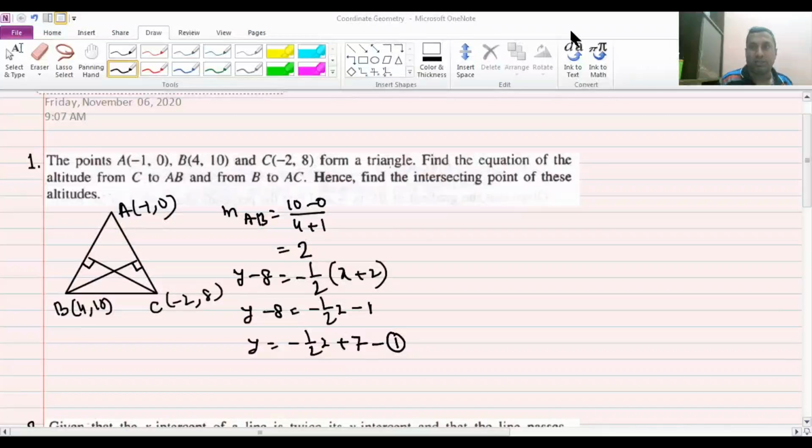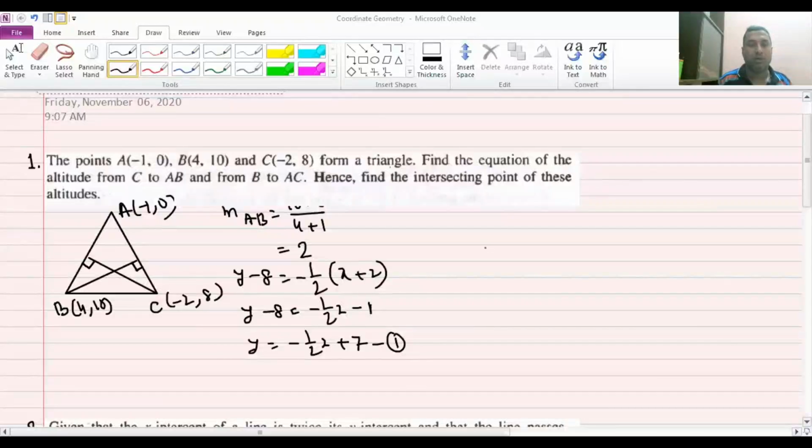This is the equation of the straight line from C perpendicular to AB. Altitude means perpendicular height. First I got the gradient of AB, then I got the perpendicular gradient.